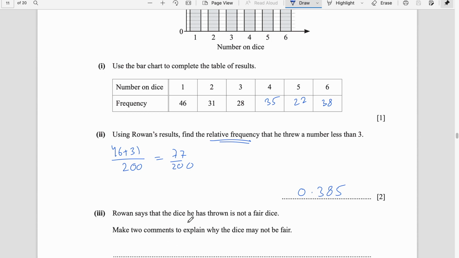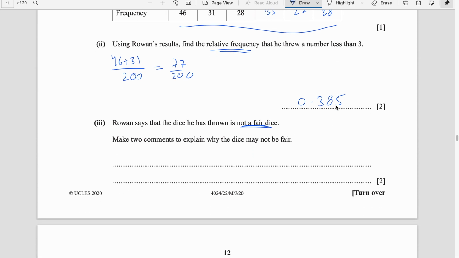Rohan says that the dice he has thrown is not fair. Make 2 comments. If the dice would have been fair, the probabilities would be close to each other. So 2 comments we can make: firstly, it is not a large sample.